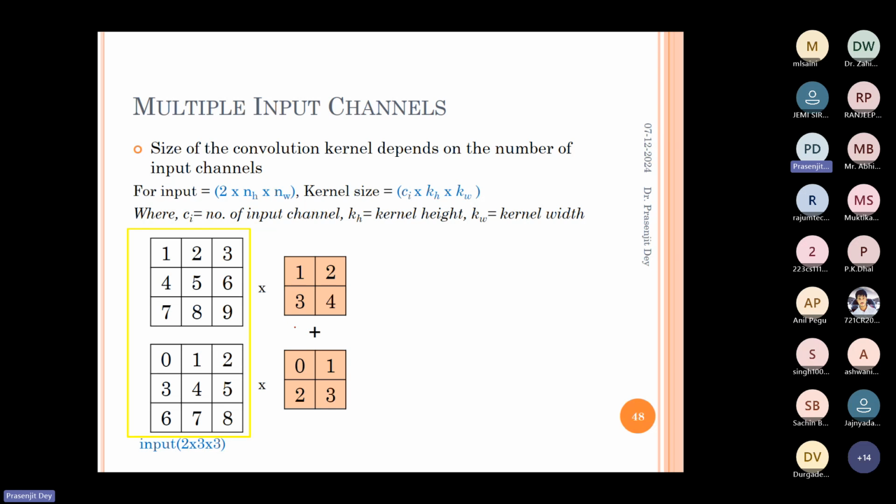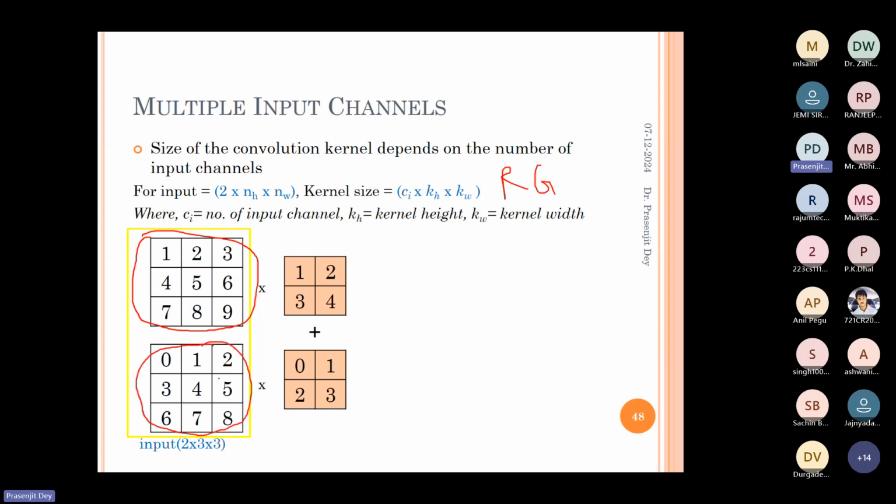Suppose your image is a color image, but for the visual limitation of us, I have considered a color image where I have considered only the red and green component. So if you take an image, this may be the value of the red components, and these are the value of the green components.